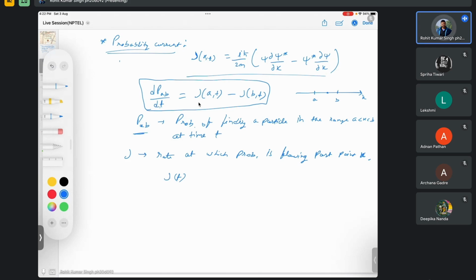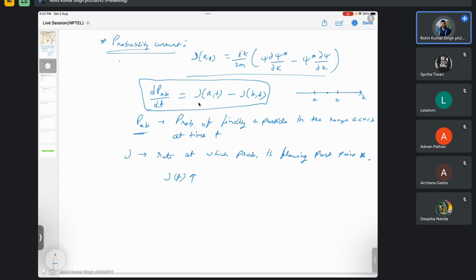So if J is increasing, what can you say? It will mean that more probability is flowing to one side. Suppose this side is your x.